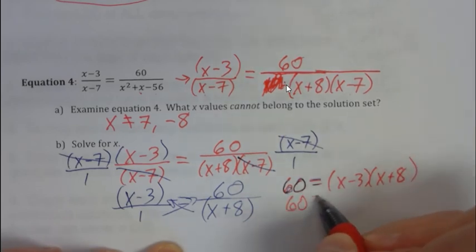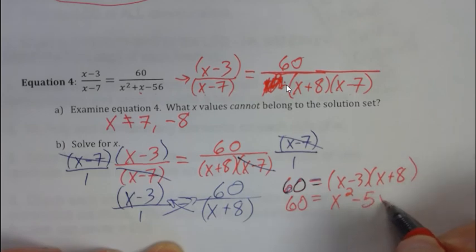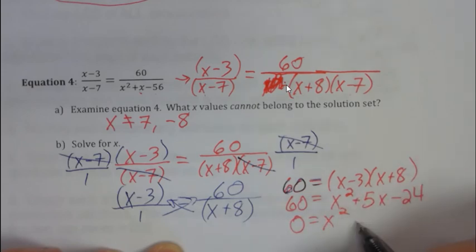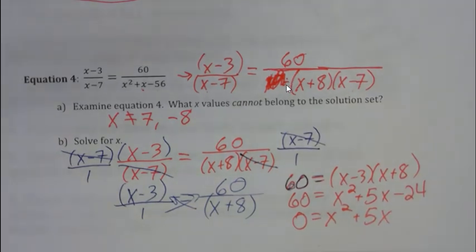And we can multiply that out to x squared plus 5x minus 24. And so 0 would equal x squared plus 5x, and we would just be subtracting 24 and 60 from each other in order to get that next answer.